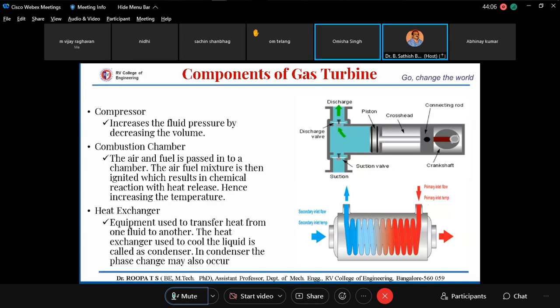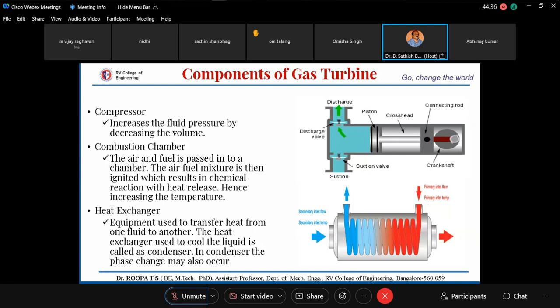Temperature will also increase. Yes. When we compress a particular fluid or a gas, its pressure as well as temperature is going to increase to some extent. So the role of the compressor is to increase the fluid pressure by decreasing the volume. There is a reduction in volume and an increase in pressure.